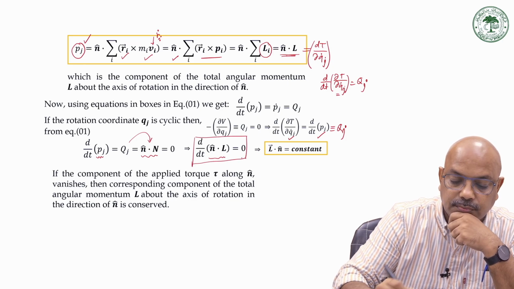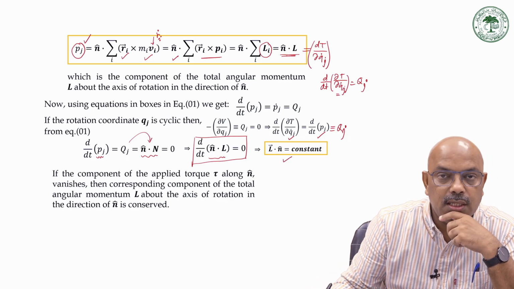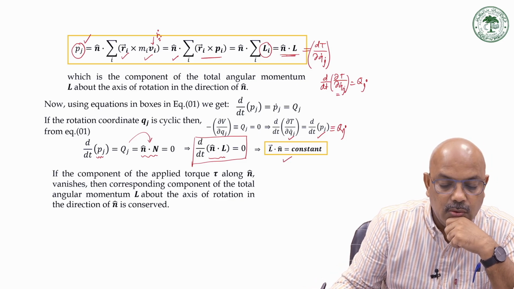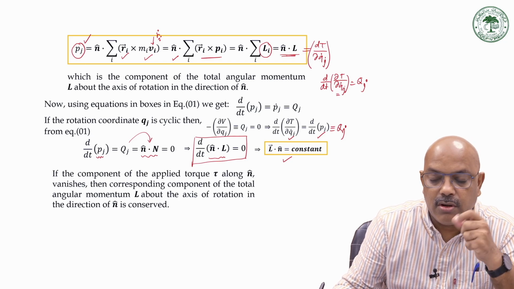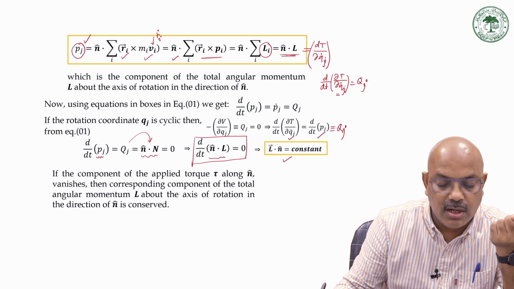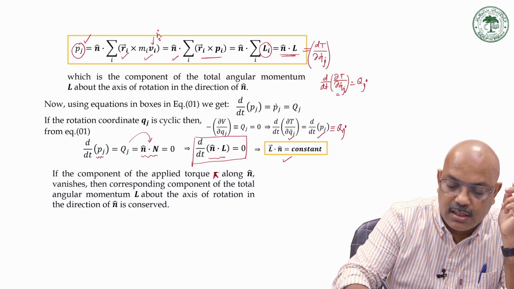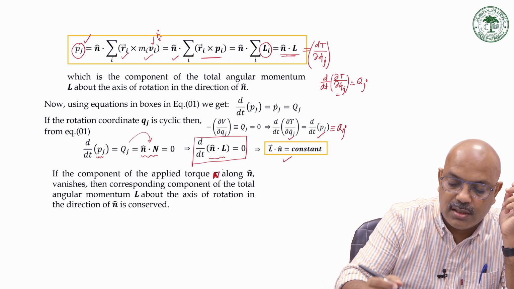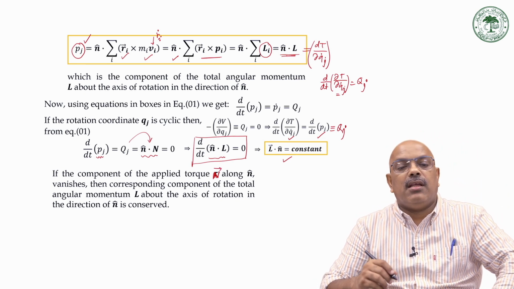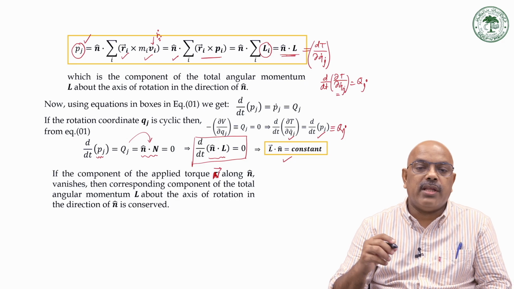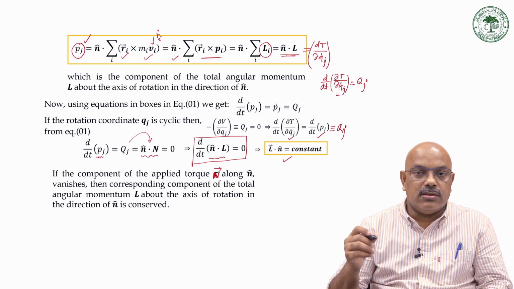Okay, so this is basically L, and n is going to be constant. So this tells you about the conservation of the angular momentum. If the total torque is going to be 0, this has to be n, not T. If the total torque along the rotational axis vanishes, then the angular momentum about the axis of rotation in the direction of n is going to be a conserved quantity.